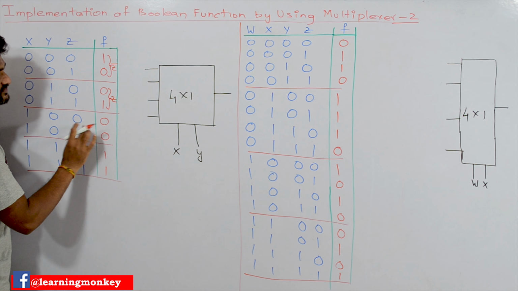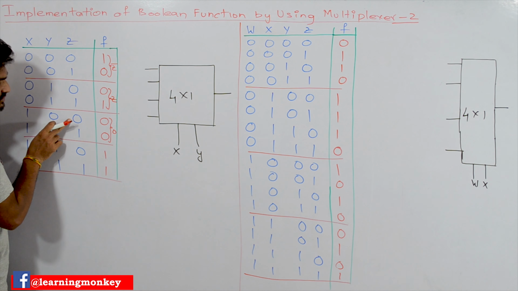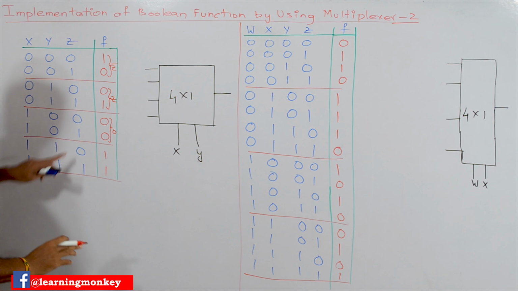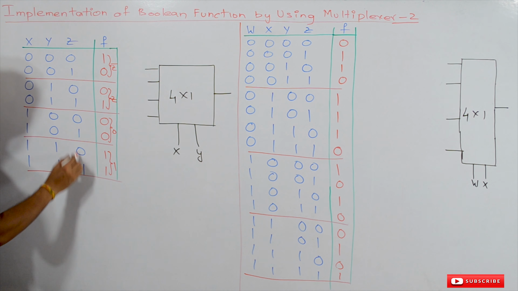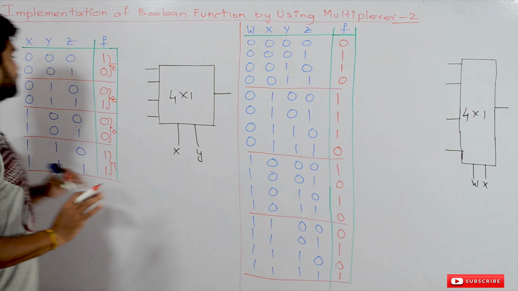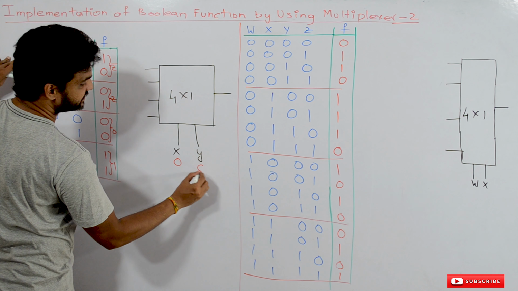Irrespective of the value of z, it is generating 0. Whether the value of z is 0 or 1, it is producing just 0. In the same way, for the last combination, irrespective of the value of z, it is producing an output of 1.